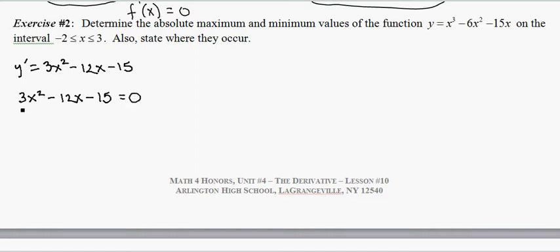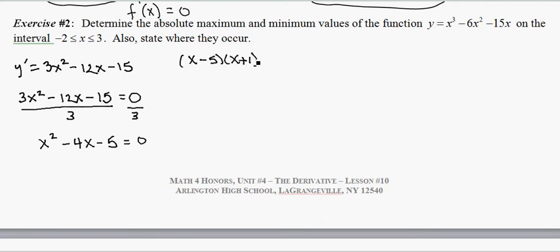It might be easy if we divide both sides of the equation by 3 to get rid of that as a factor. x squared minus 4x minus 5 equals 0. Fairly easy to factor that. (x minus 5) times (x plus 1) equals 0. And so we've got our zeros at 5 and at negative 1.